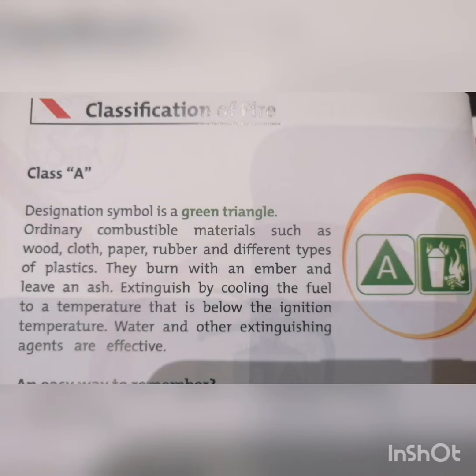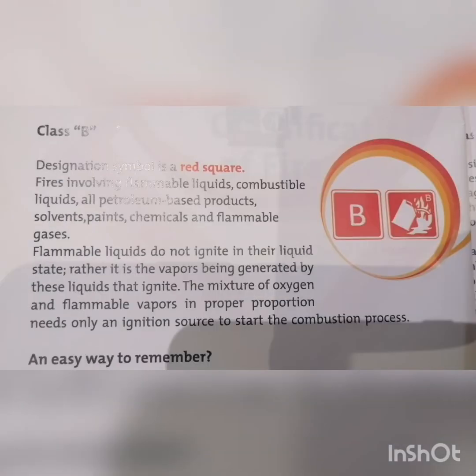I'm going to talk about Class B, which is the second one. The designation symbol of Class B fire is a red square. This fire involves flammable liquids and combustible liquids, like petrol, petroleum-based products, solvents, paint and chemicals, flammable gas.